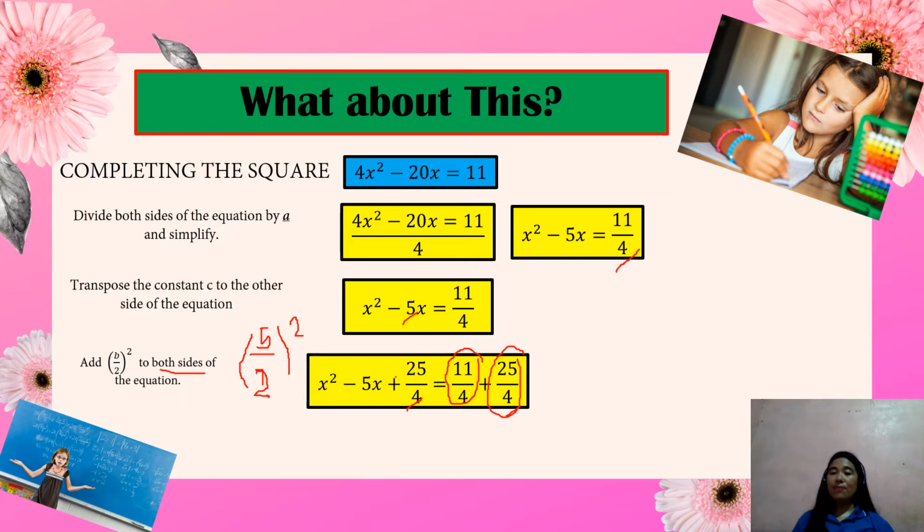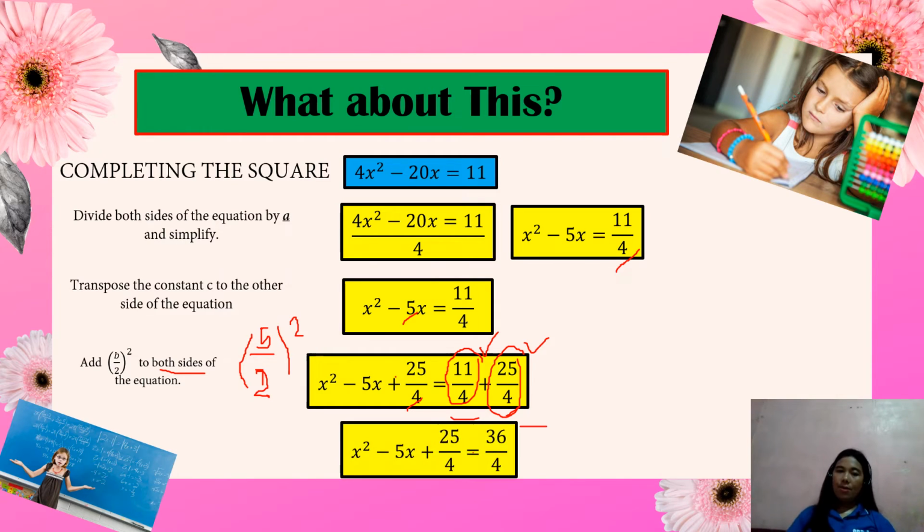This will not be difficult because you already have the same denominators here. So all you need is just to add the numerators. 11 plus 25 is actually 36. Therefore, you have x squared minus 5x plus 25 over 4 and then 36 over 4.